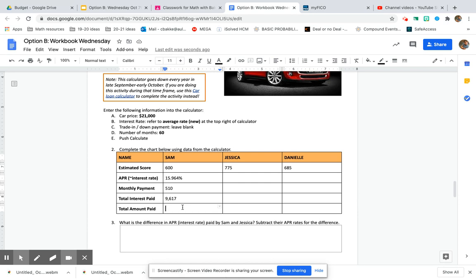And that means Sam, after he's done paying off his loan, will have actually paid $30,617. We're going to do that for Jessica and Danielle. So you can see how 3 different people buying the same car will have hugely different interest paid to the bank and overall the total amount that they had to pay for their car.